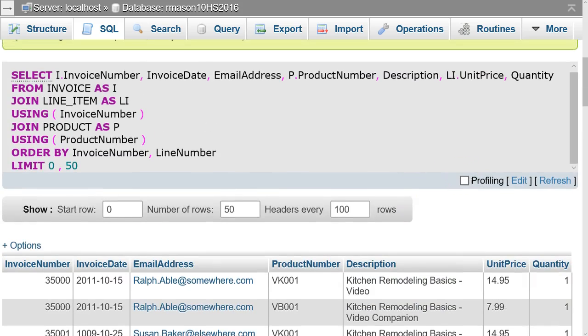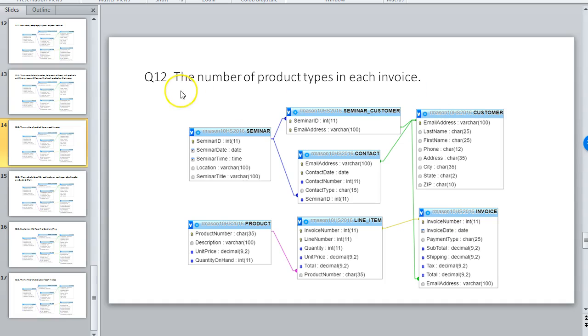So if I have a look back at the question, the number of product types in each invoice, you can see that it's very closely related to our previous query. So what we can do is alter our previous query, and we can use a group by again, because we're going to be counting up the lines in each invoice.